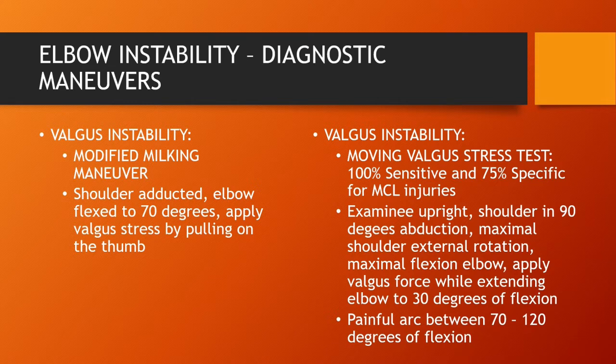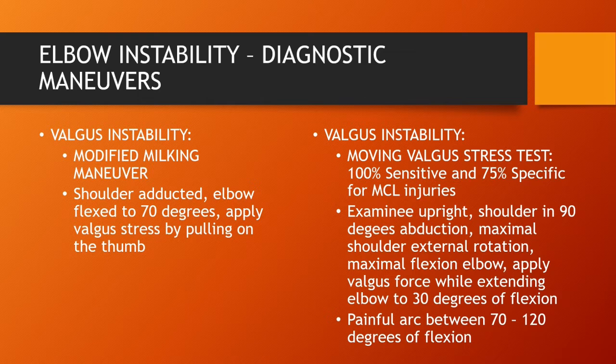Now, a modification of the milking maneuver is referred to as the modified milking maneuver, and it places the shoulder in a slightly different position for the application of valgus stress. You should use each one of these maneuvers, because whereas one maneuver might not reproduce the examinee's symptoms, another might well reproduce them.